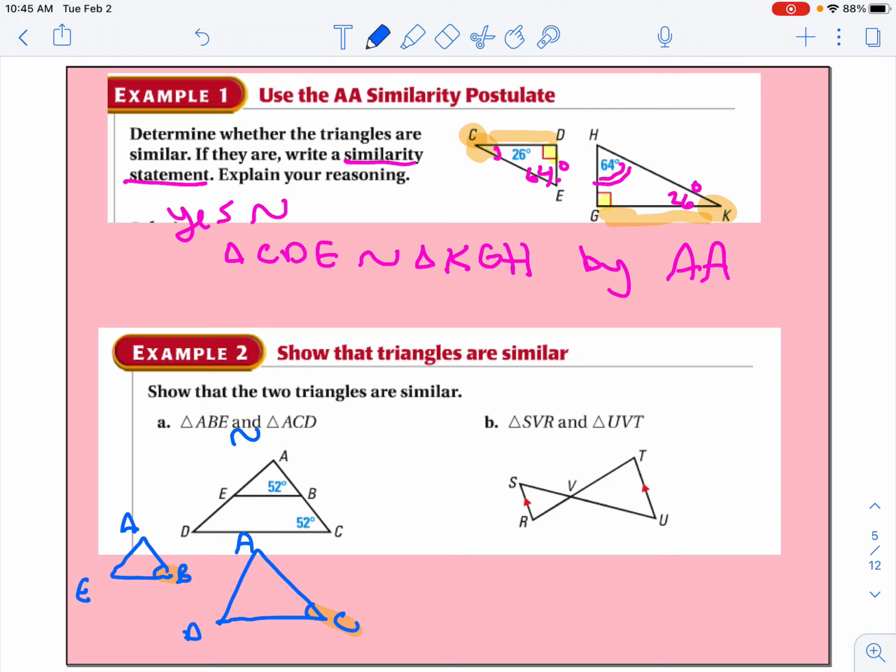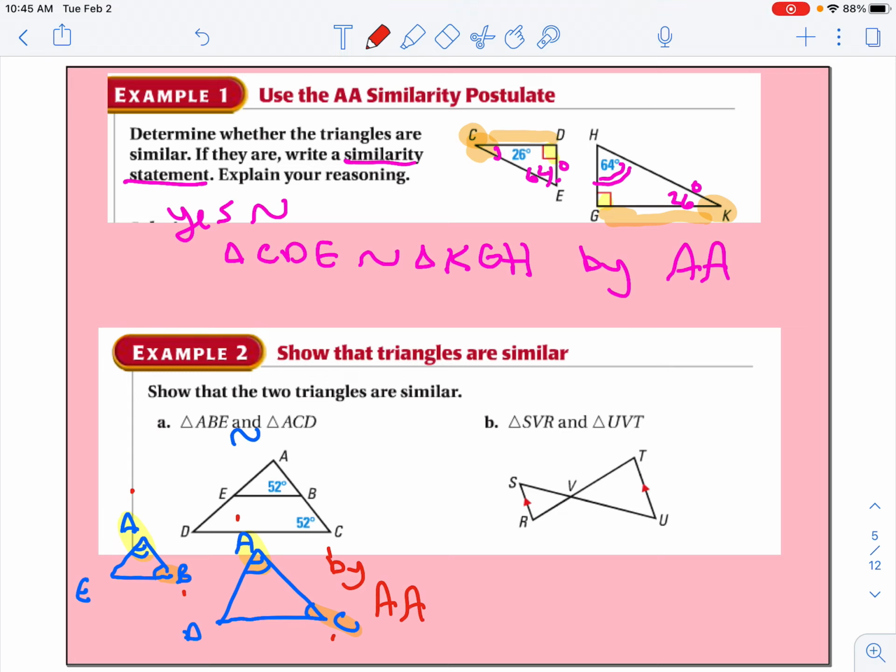Notice that angle A is the same angle in both of those triangle diagrams. So you also have a second corresponding angle that is congruent. So I've shown it by angle-angle. We have this angle right here corresponding congruent and this angle right here. And so by angle-angle, the triangles are similar.